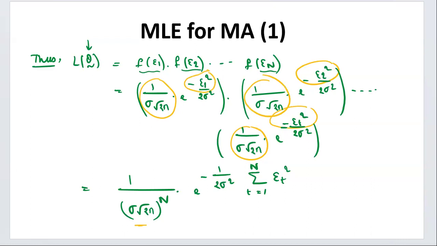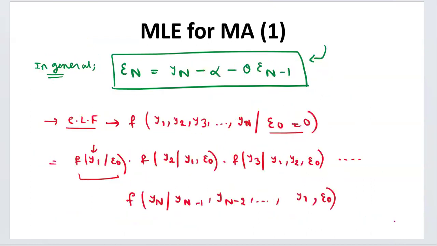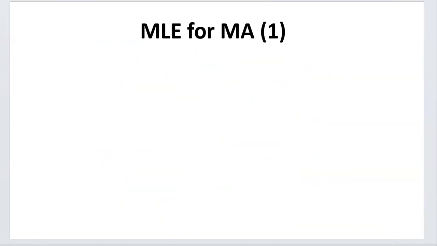The only thing you can do right now is to replace these epsilon t's. How do you replace these epsilon t's? We have already found out the general term for epsilon n, so you can replace that. Let me do it for you.